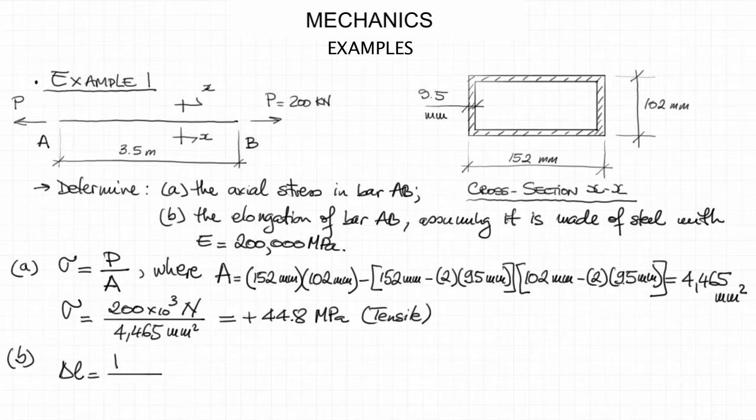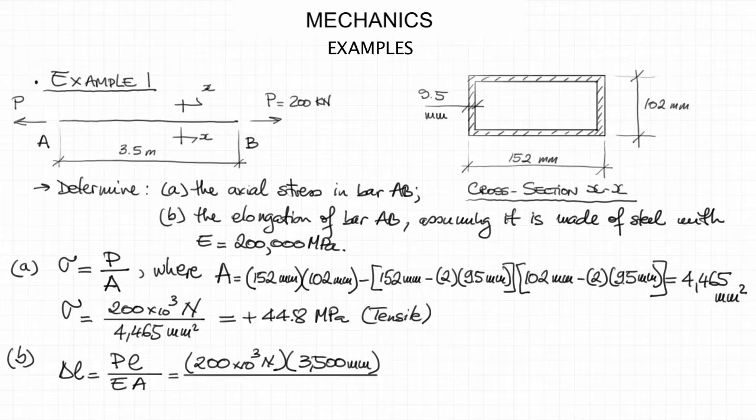For the elongation now, that is equal to PL over EA, and all we have to do again is plug in the numbers, paying careful attention to the units to be consistent. So we can see newtons for the force, millimeters for the length of the member, megapascals or newtons per millimeter squared for the modulus of elasticity, and millimeters squared for the cross-sectional area.